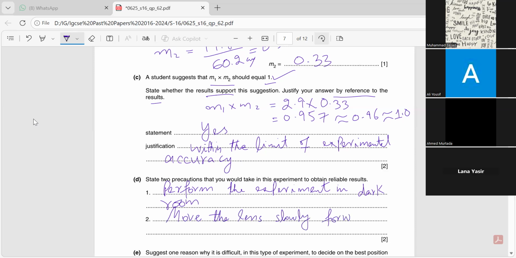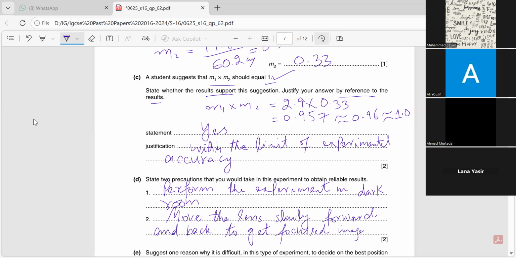You can also write to and fro, to get a focused image. Okay, so these two points.